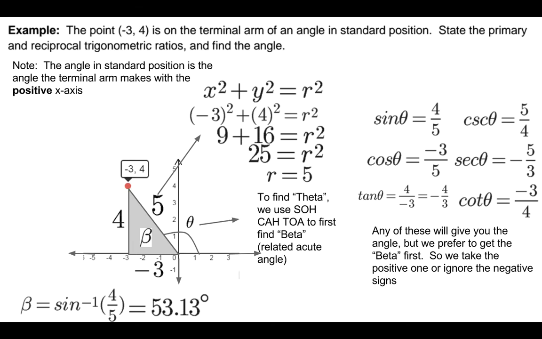If you do the cos inverse or the tan inverse of the negative, you will get something close to 53, and you might get something that tells you that the related acute angle is 53. So often you'll get like -53, or you get an obtuse angle, but it's the obtuse angle that's harder to tell where the acute angle is. Now we know beta, we can figure out theta, and so theta is just supplementary to that, 126.